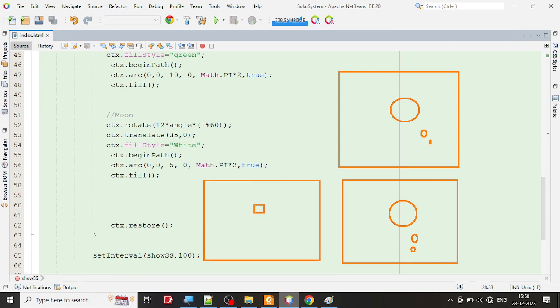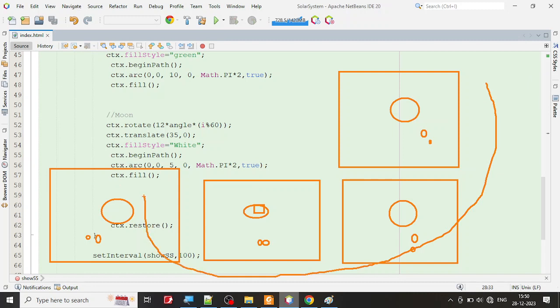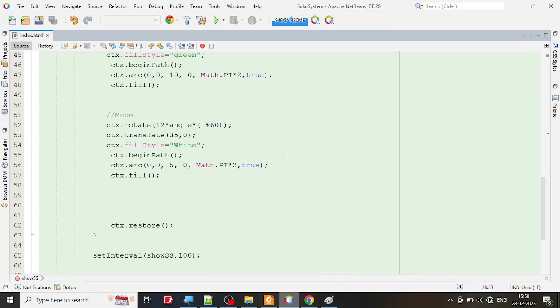On that you draw the sun, earth, and moon, and one more time the sun, with the earth slightly moved and the moon slightly moved, and so on. You keep flipping them one after the other, rapidly, so that you get the motion.